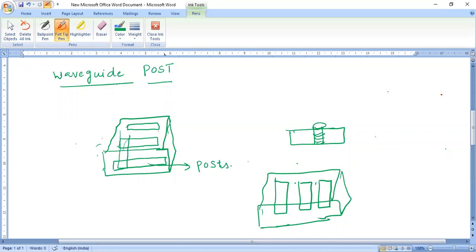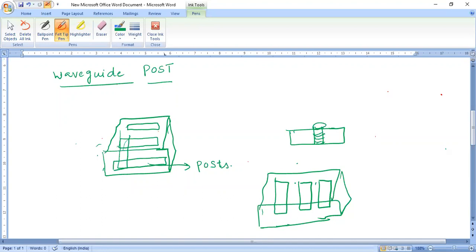Whereas here in the post, a metal sheet is placed completely across the waveguide. Parallel to the electric field lines, it adds inductive susceptance. Perpendicular to the electric field lines, it gives capacitive susceptance. Okay, understood the difference between waveguide post and tuning screws?